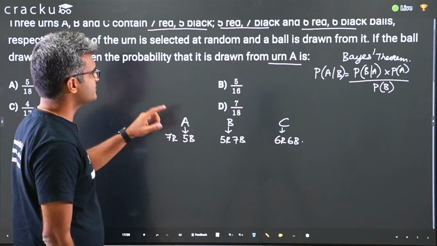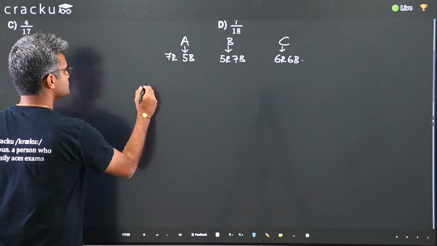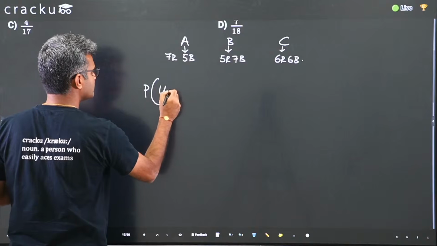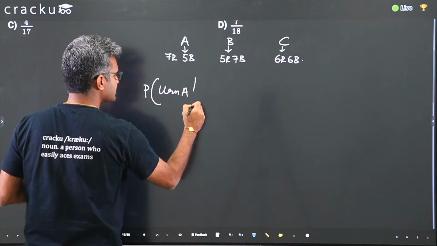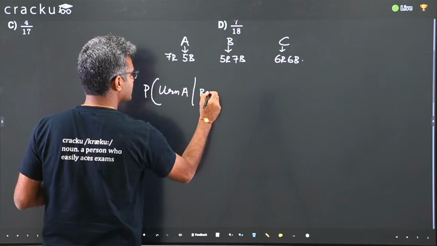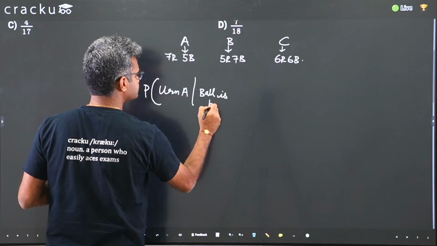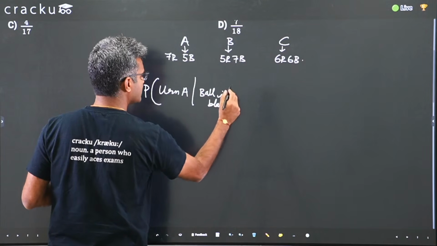We are required to calculate the probability that it is from urn A. So we are required to calculate the probability of urn A given that the ball is black.